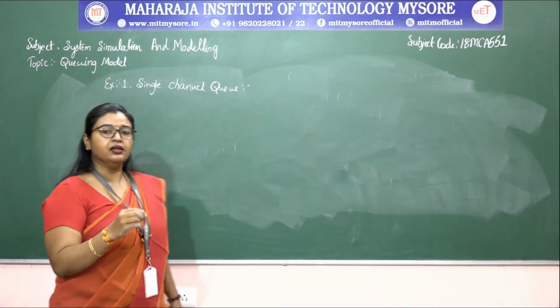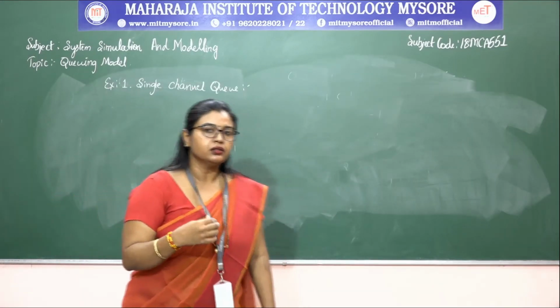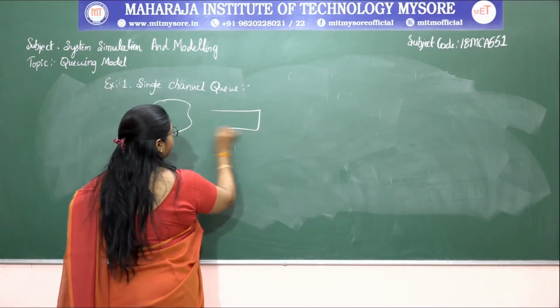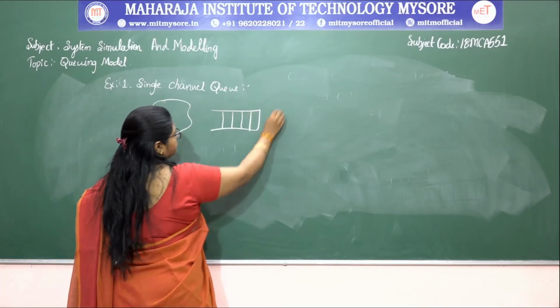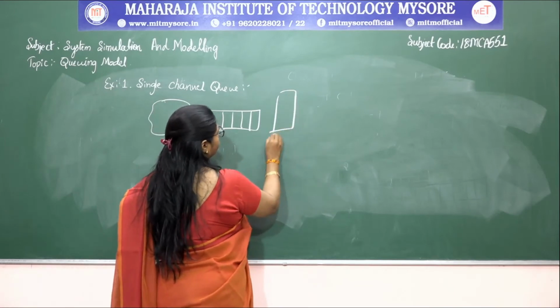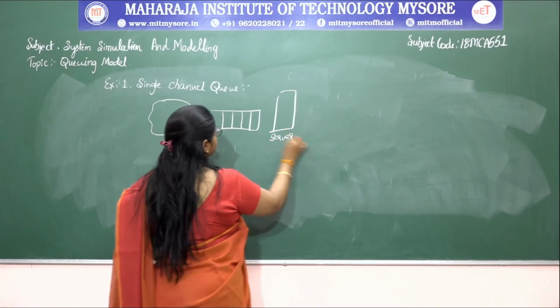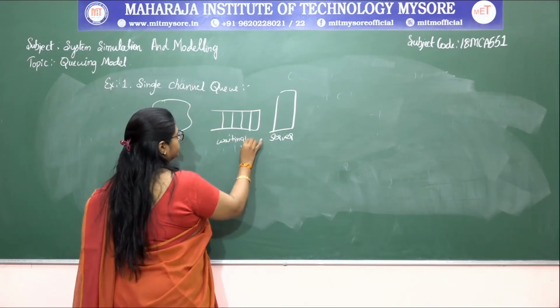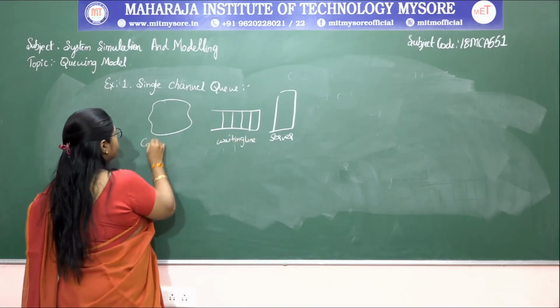Single channel queue. So here the calling population will be there. We will be having the waiting line, and then you have only one server. So waiting line, this is your calling population.